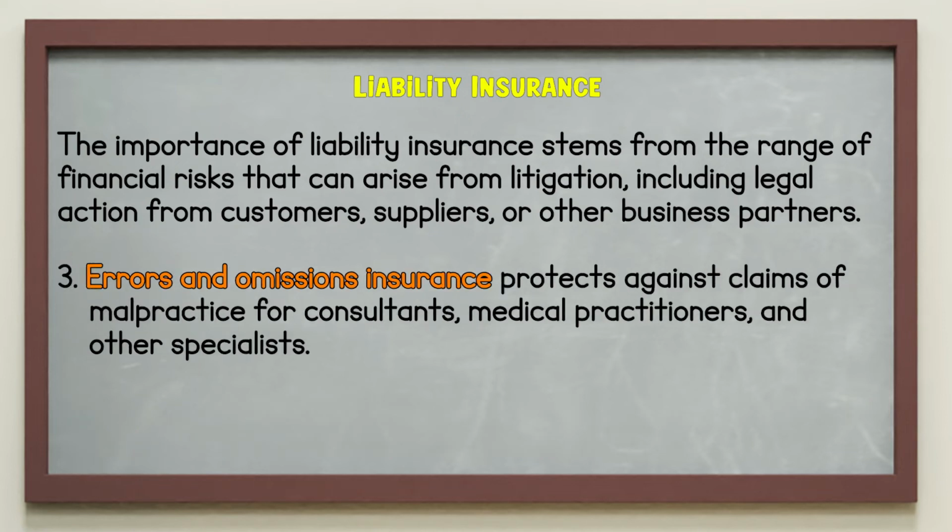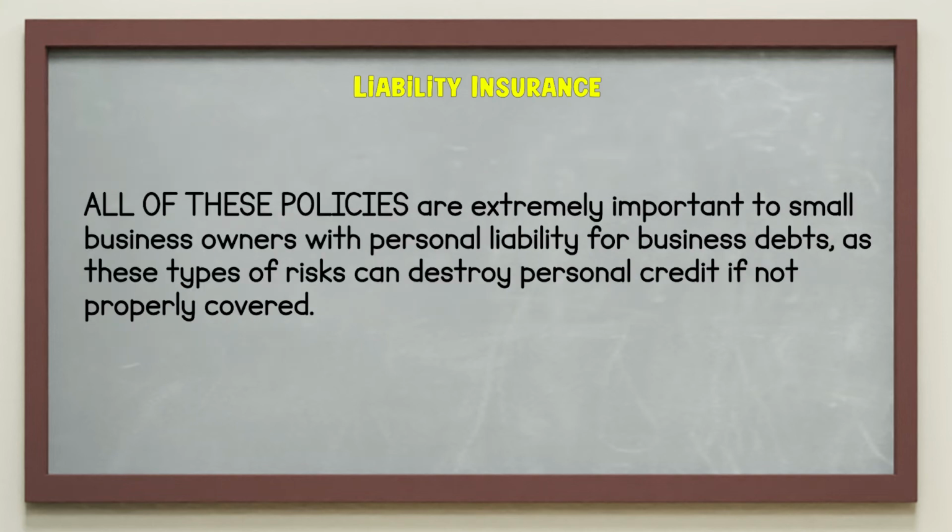And number 3, errors and omissions insurance protects against claims of malpractice for consultants, medical practitioners, and other specialists. To note, all of the policies mentioned prior are extremely important to small business owners with personal liability for business debts, as these types of risks can destroy personal credit if not properly covered.